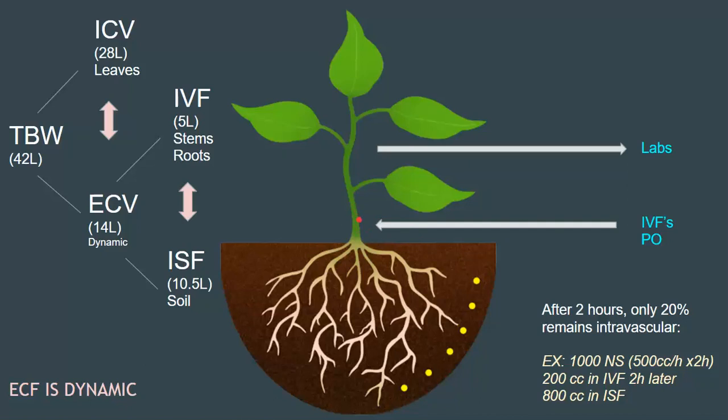So when we give fluid, we're really giving fluid with the expectation that most of it, after a few hours, is going to be right out in the interstitium. So we only should be using normal saline to keep blood pressure up or to replace oncotic pressure as best we can quickly. But beyond that, the day-to-day fluid maintenance for people on the wards is half normal saline.